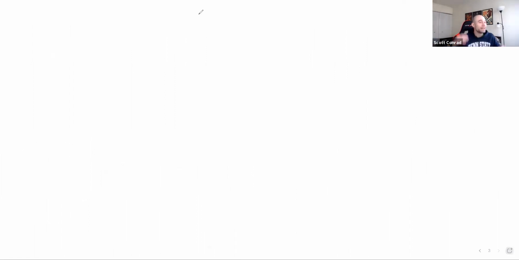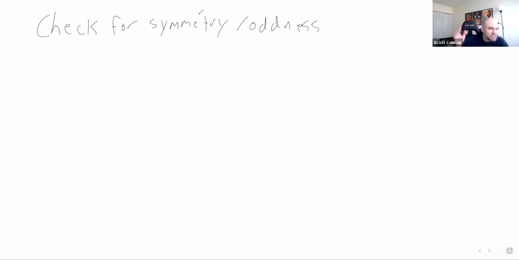So let's look at some examples. Let me say first also, often we're going to be using this for things that we would like to convert to polar. So what you want to do is check for symmetry, and check your function for x odd or y odd, oddness. Do that before converting to polar.